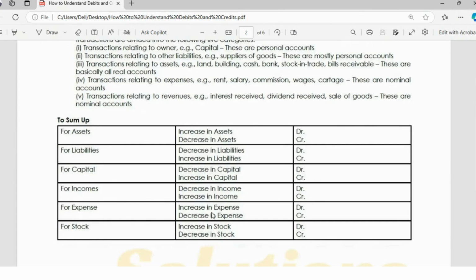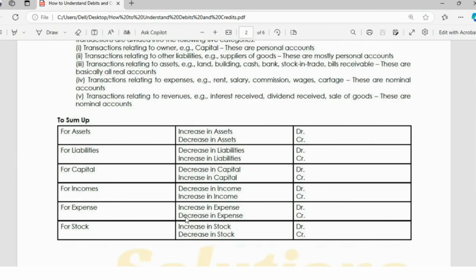Similarly, for the expenses, whatever expenses we are paying to anyone, let's say you are paying rent or a salary or telephone expenses or any other direct or indirect expenses, any increase in the expenses, let's say you are starting at zero now and you are not incurring any cost as of the moment, and later you are paying certain expenses, your expenses are going up. So those expense accounts, you need to debit.